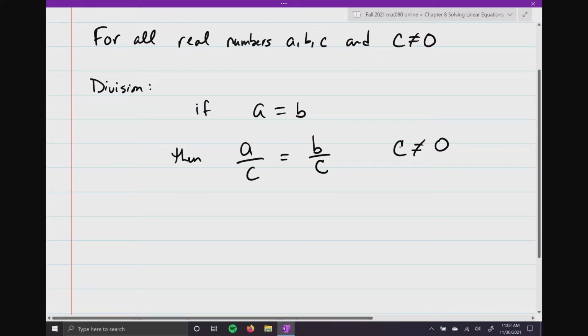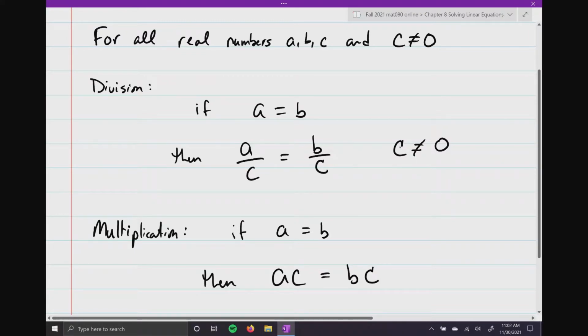And the multiplication property of equality says that if you have A equals B, then you can multiply both sides of the equation by any number you want. In this case, if you want C to equal 0, that's fine, but then that kind of ruins your entire equation. So the idea behind this is you can divide or you can multiply by anything you want as long as it's not 0, and you got to do both sides by it.